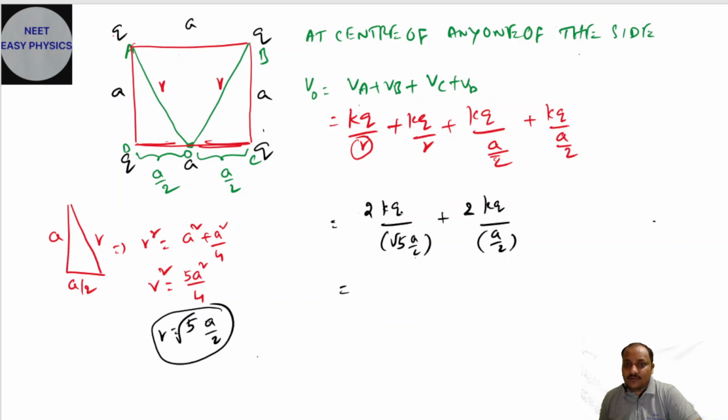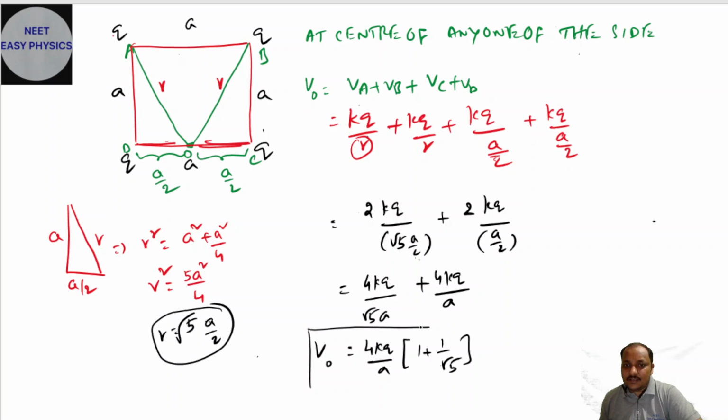So a by 2, if you send 2 to the numerator, 4KQ by root 5 a plus 4KQ by a. Now what is common? 4KQ by a is common. 1 plus 1 by root 5. This is potential at center of any one of the sides.